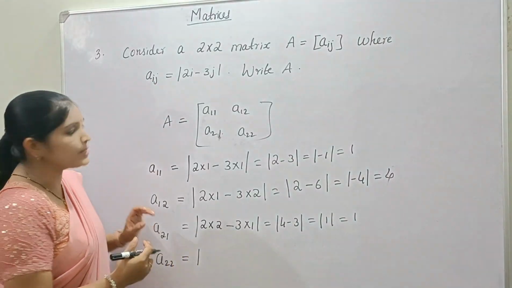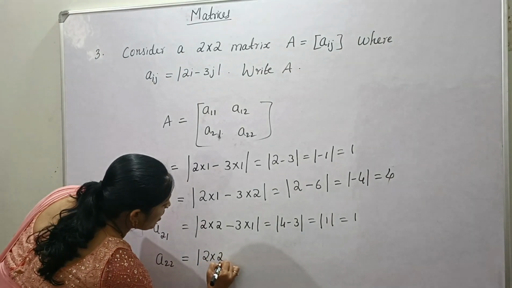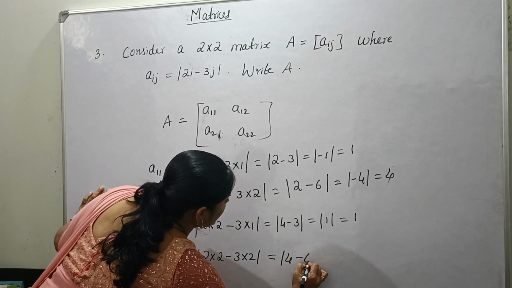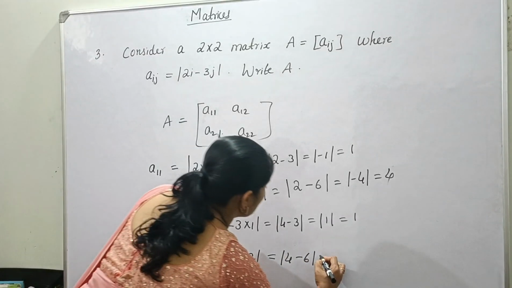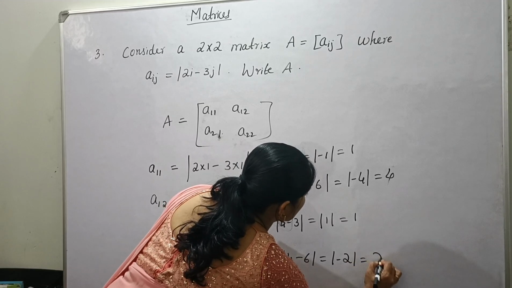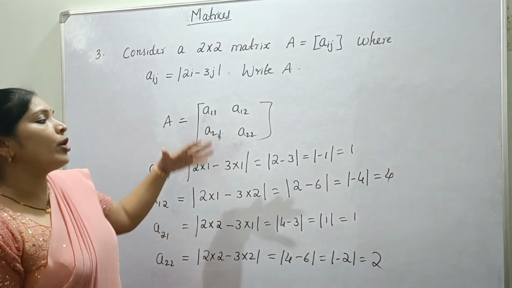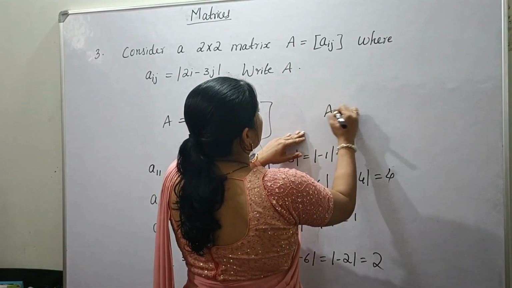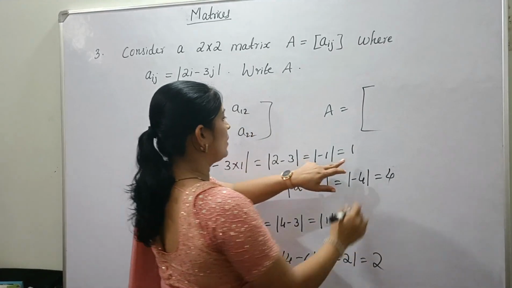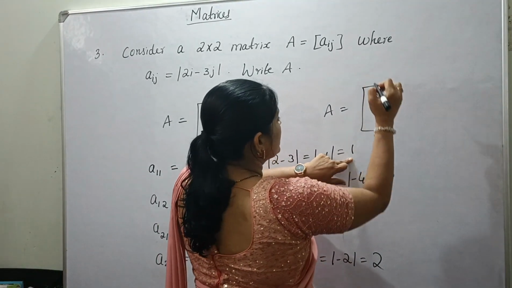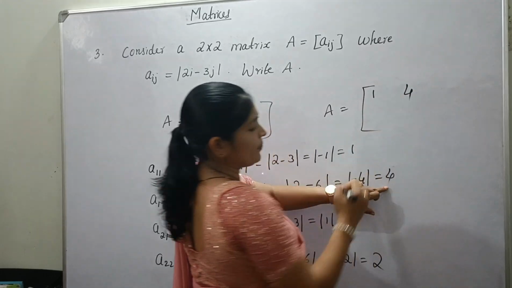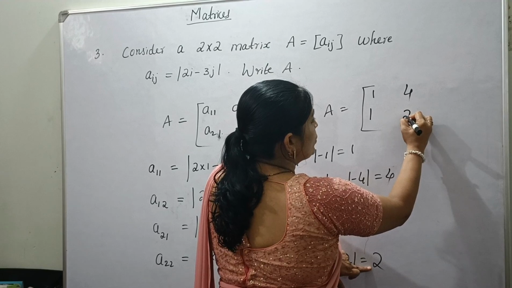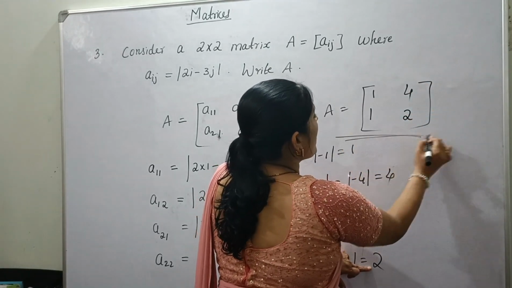Modulus of 2 into 2 minus 3 into 2, that is modulus 4 minus 6, that is modulus minus 2, that is equal to 2. Now we have got all the elements of this matrix. So matrix A has A11 is 1, A12 is 4, A21 is 1, A22 is 2.